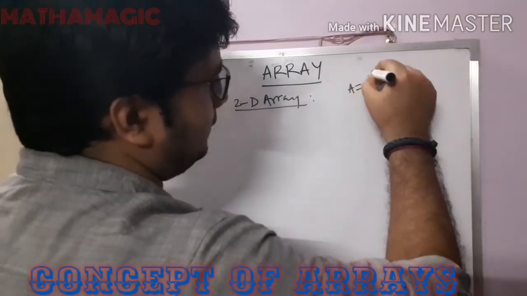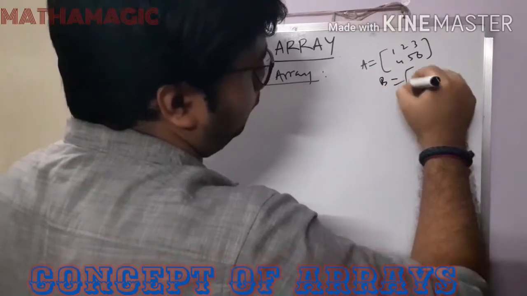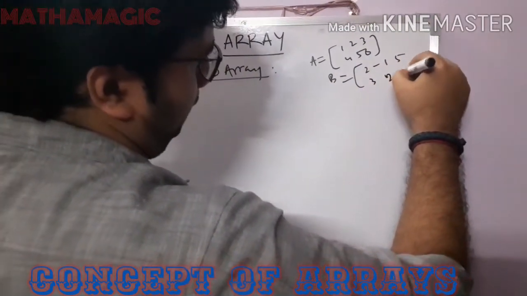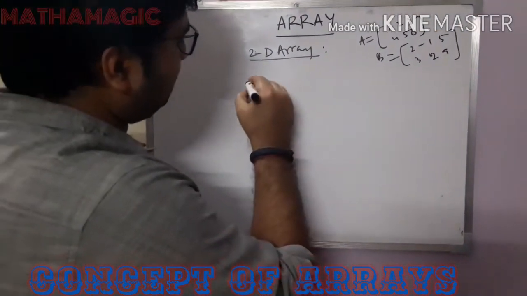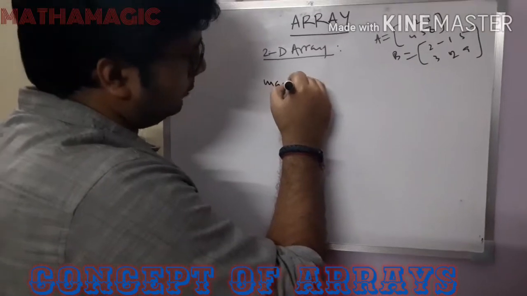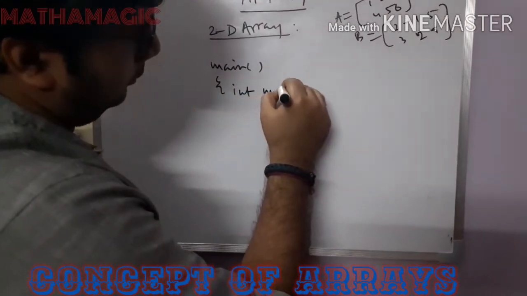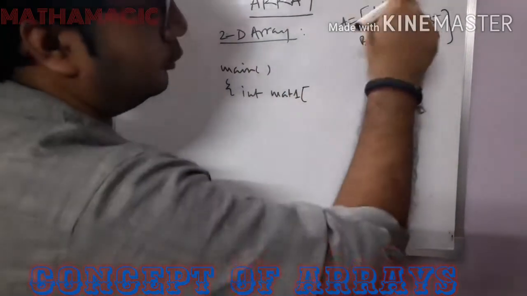So let one matrix A be 1, 2, 3, 4, 5, 6, and let one matrix B be 2, minus 1, 5, and 3, 2, 9. So we'll just write from this one main function. So int mat1 as how many rows? 2 rows and 3 columns.